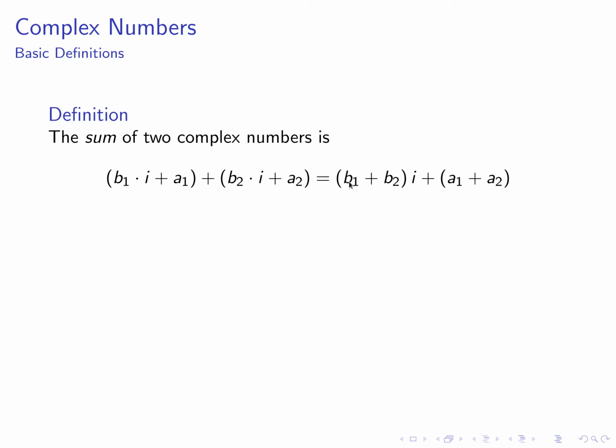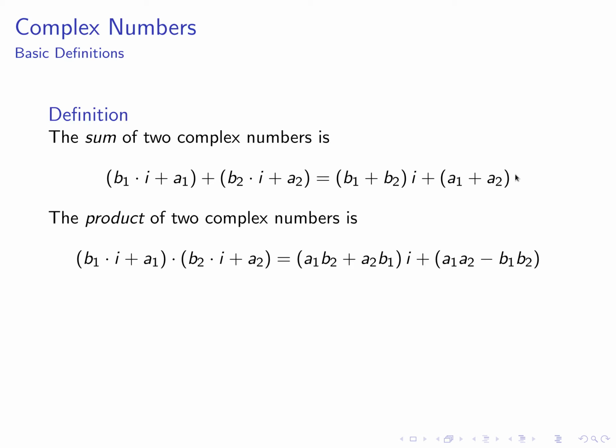So the imaginary part of this addition of the two numbers is equal to the sum of the two individual imaginary parts. Then we look at the real parts, a1 and a2, and we add those together, and that sum becomes the real part of this sum of two complex numbers. So addition is straightforward.